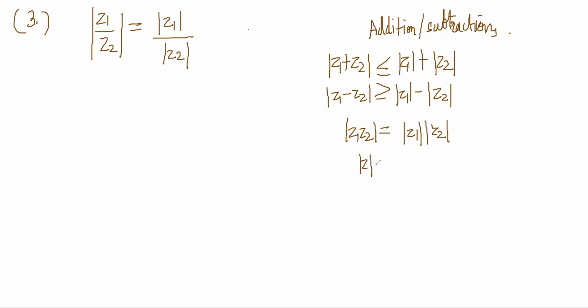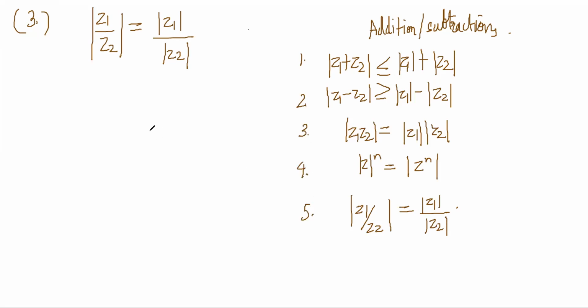Mod of z power n is equal to mod z to the power n, and mod of z1 by z2 is equal to mod z1 by mod z2. So these are the 5 properties for modulus.